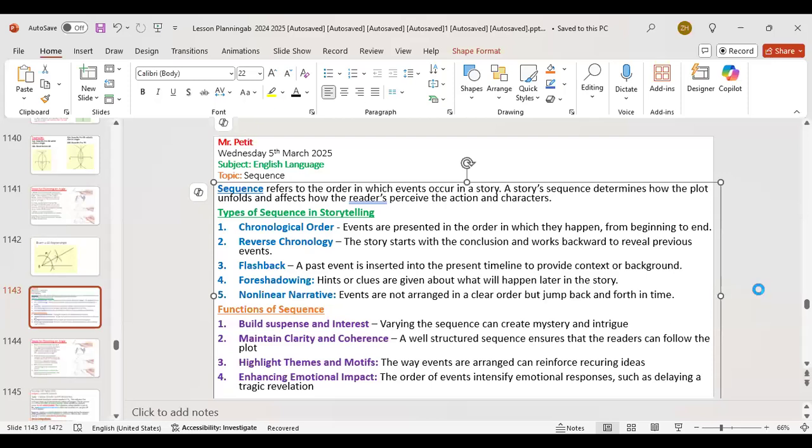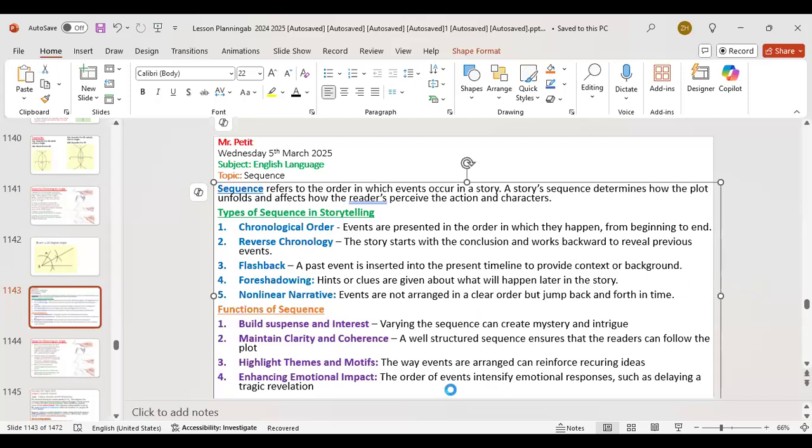Okay, so that's the purpose. So sequence, give me 5 types of sequence that we could use. Chronological order. What else? Reverse chronology, flashback, foreshadowing, and then what? Non-linear narrative.